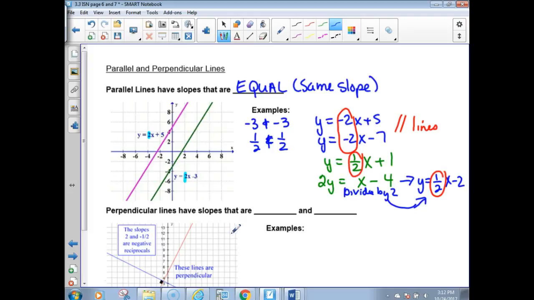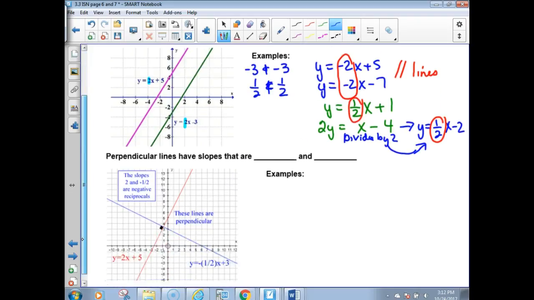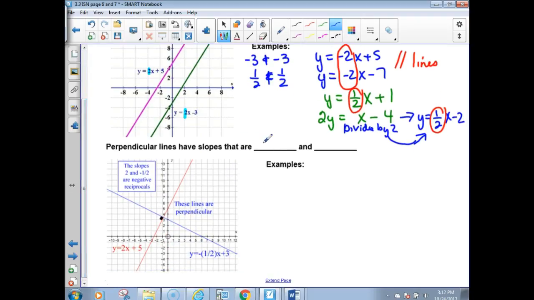the same. All right, perpendicular lines have slopes that are opposite sign, and they are reciprocals. Another way you've heard that stated is they are called negative reciprocals.